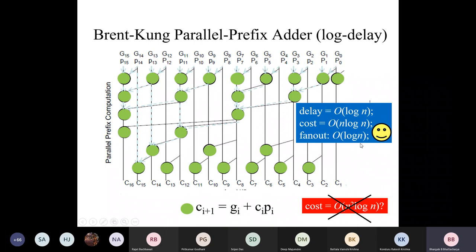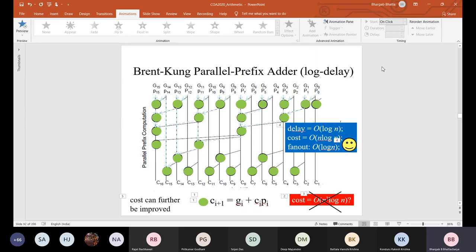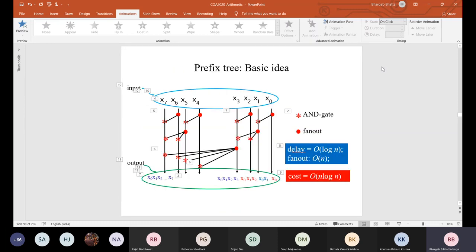And fan out is also limited to log n. And this is one of the most brilliant solutions in this prefix-based, tree-based adder architecture. So as you can see, the fundamental problem reduces to this.